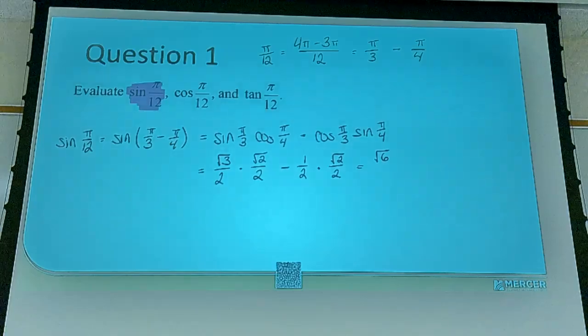Remember, square roots, that does distribute across multiplication. Square root of 6 minus square root of 2 all over 4 is the value of sine pi over 12.